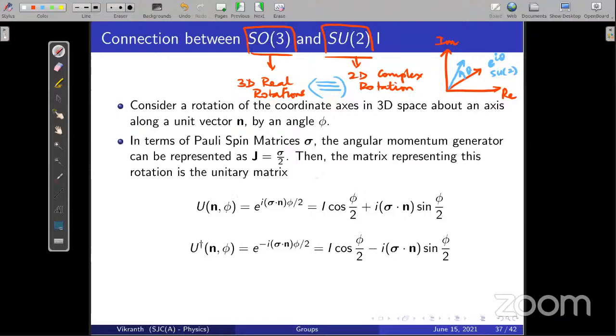It's just a set of 2 cross 2 matrices. There's just 3 of them, sigma 1, sigma 2, and sigma 3. What happens is you can generate your entire unitary space with just these 3. So they're called the generators. Like how you have i, j, k to define your entire 3D Euclidean space, you have sigma 1, sigma 2, sigma 3 for your unitary space. And you can relate that with the angular momentum, so on and so forth, a lot of mathematics.